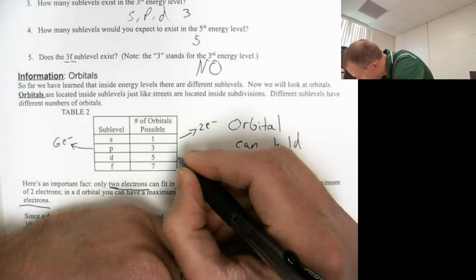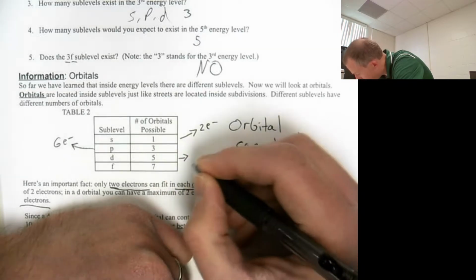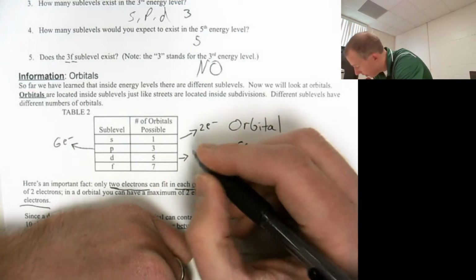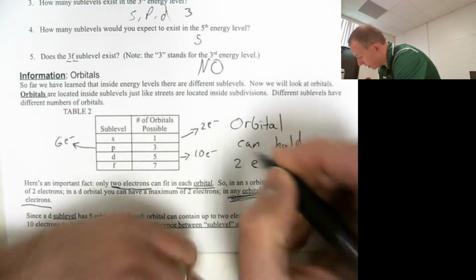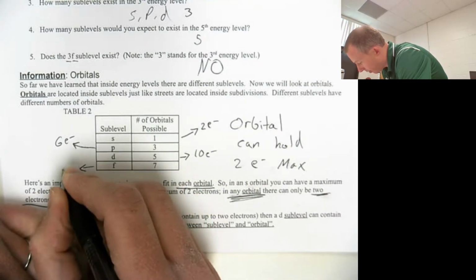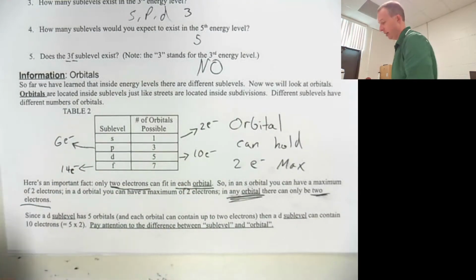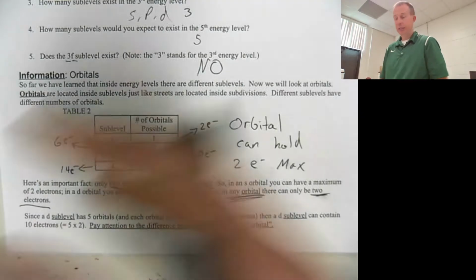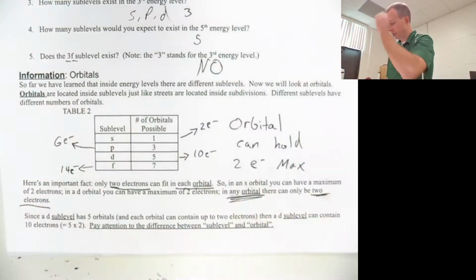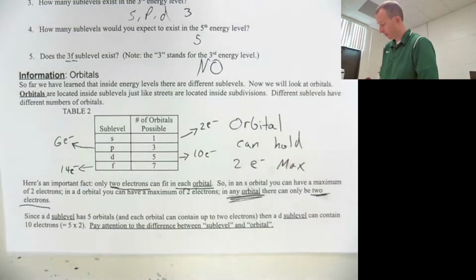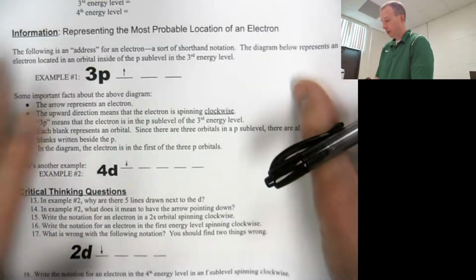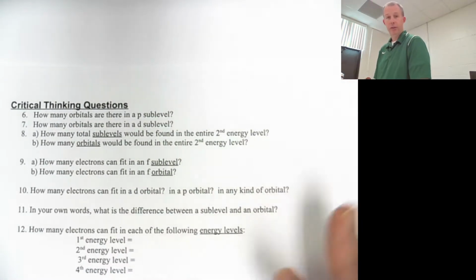What about a D sublevel? 5 orbitals times 2 electrons, 10 electrons. And what about F? You get the hang of this now: 14 electrons, because 7 times 2. This wasn't asked of you. I just want you to be able to see that on one nice little chart. So now let's go through and do some of this.